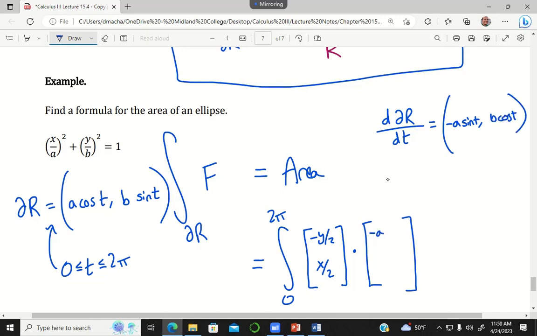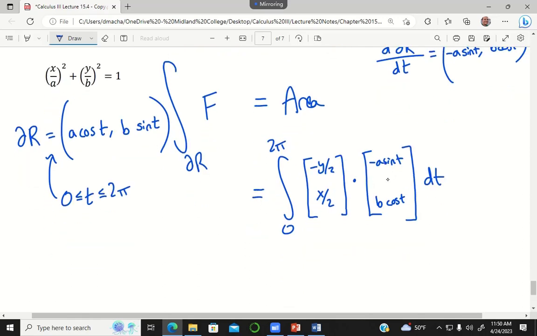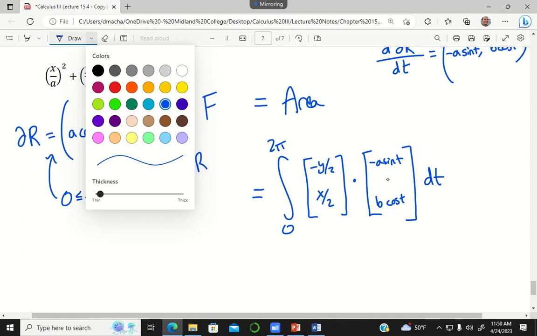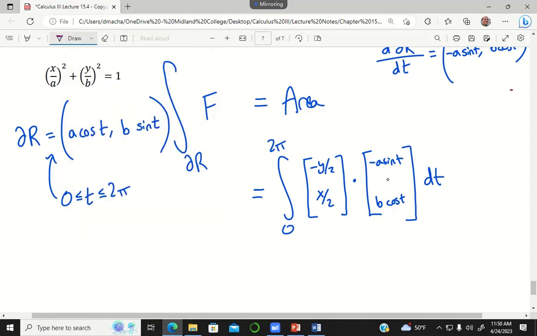dt. Of course, whenever you plug in x and y, this is going to be x and this is going to be y. You just take that from your actual path.